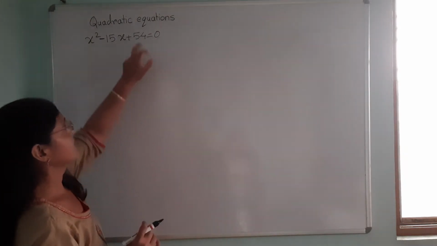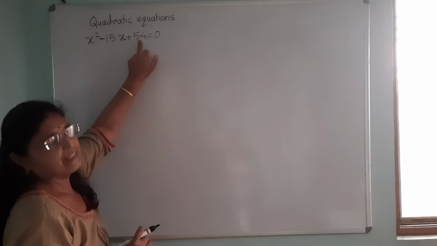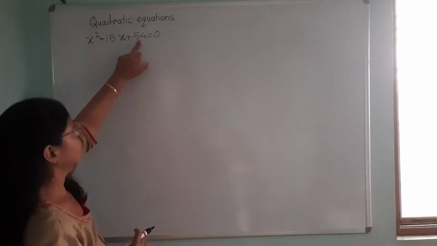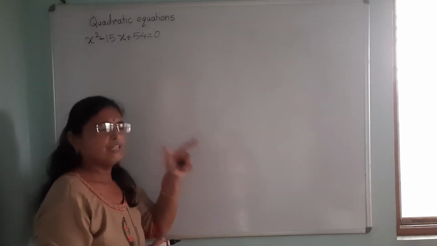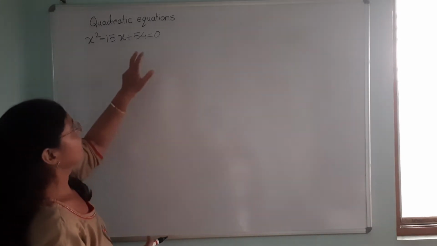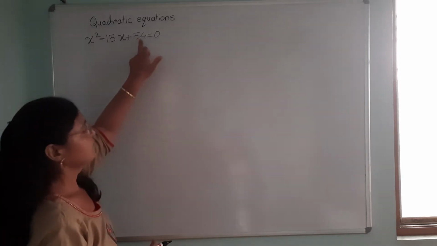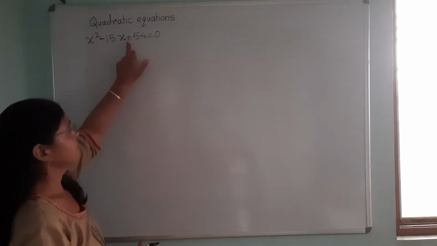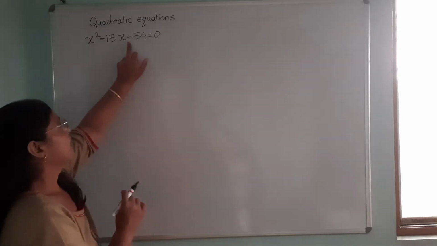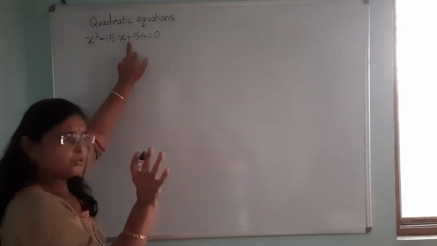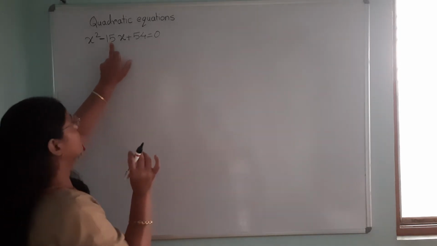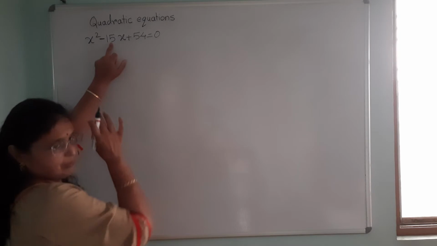For factorization, we have to look at the third term. The third term is 54. Then we have to find such factors that the multiplication of those factors is 54, and as the third term has a positive sign, the addition of those two factors should be equal to the coefficient of the middle term.